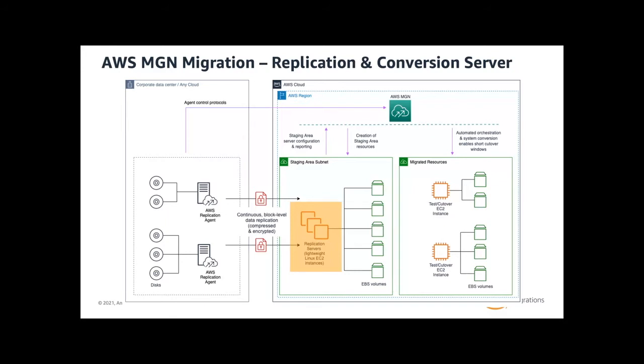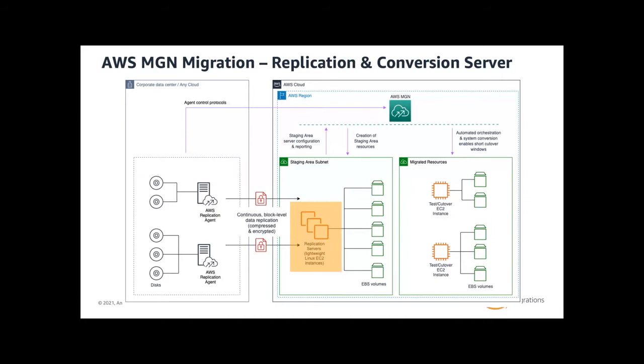And there is one additional component that is part of this staging area that you are going to notice while I'm running my demo, that is called a conversion server. So pretty much during the launch process for either the test instance or cutover instance, AWS MGN spins up something that is called the conversion server.